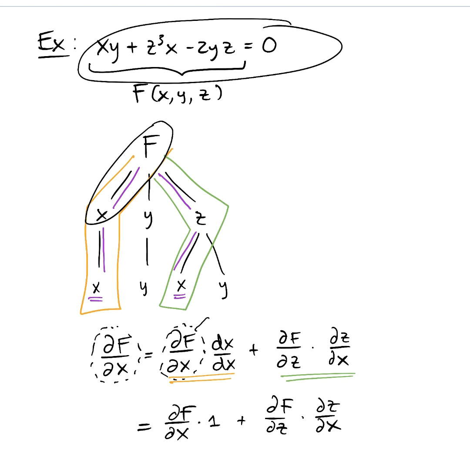Big F is constant. It's just a mirage. The left-hand side is a total mirage. Big F is constant. Big F is 0. Therefore, big F's derivative with respect to any letter is 0.